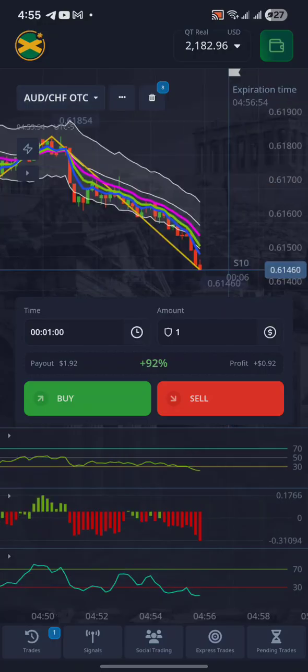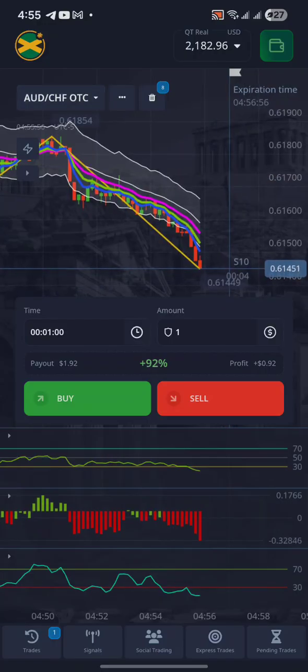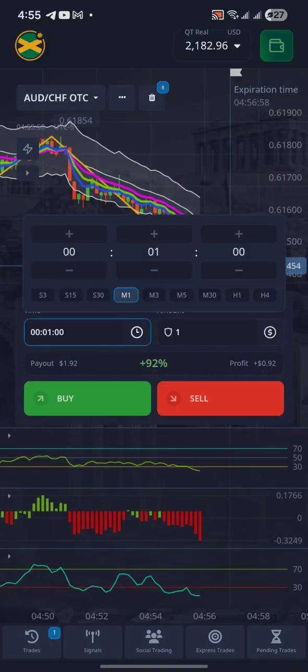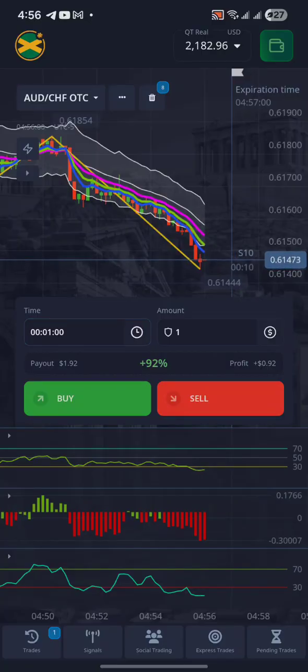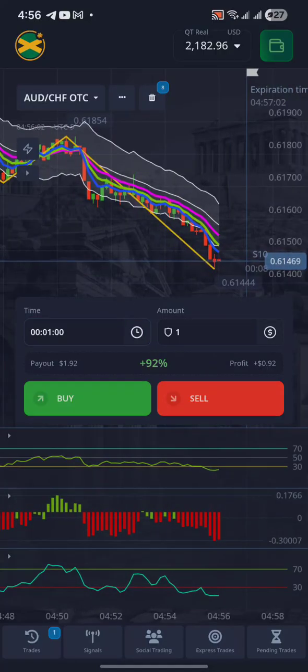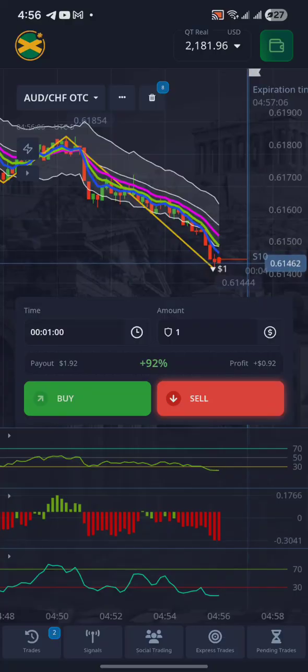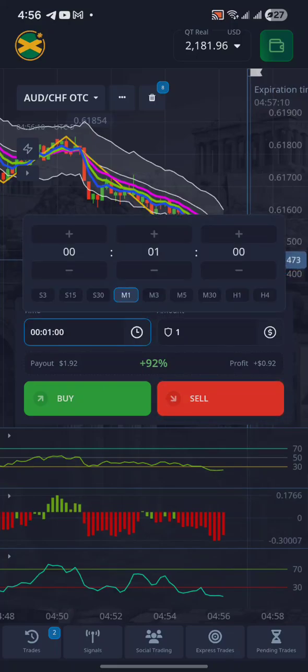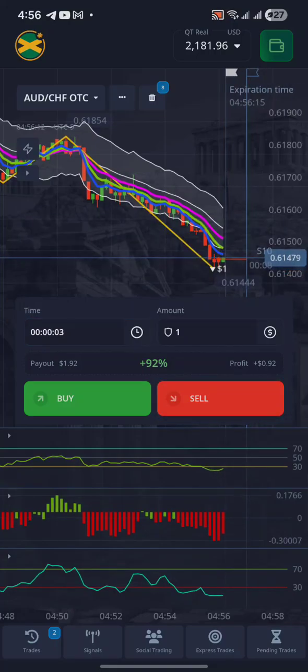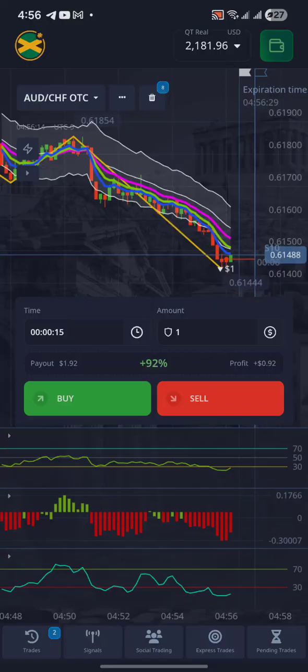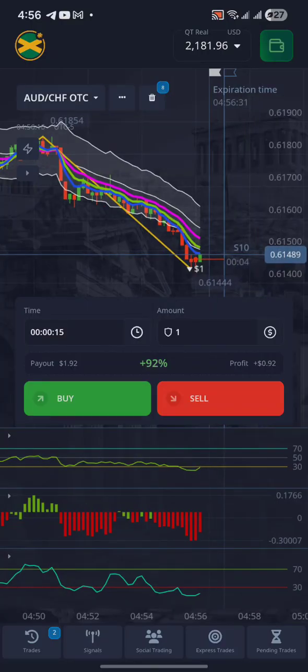Alright, so I'm done trading with that. As we come here, we see a strong-ish down movement. See if it has a 15-second. No, that's not going back up already.